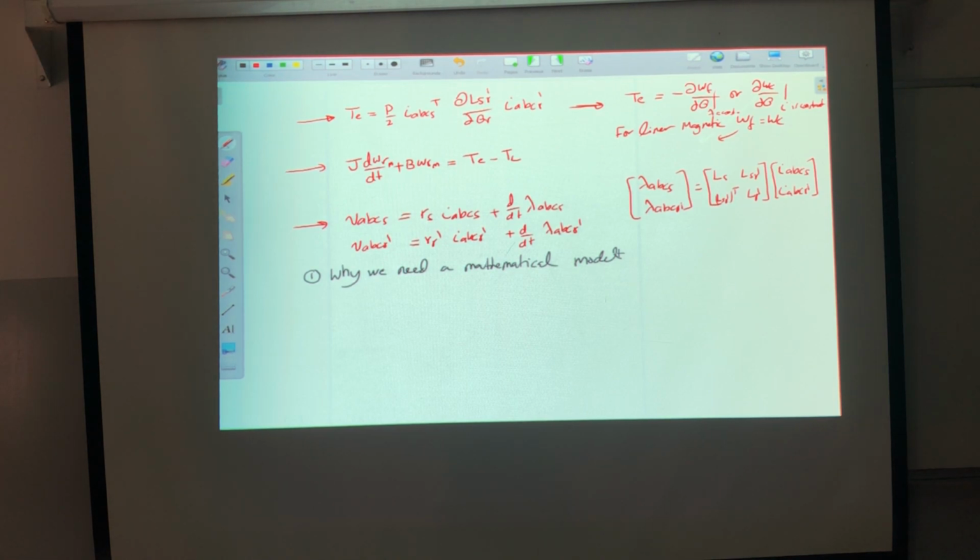So now let's see. Here, if I expand the torque, it will be around 20 to 30 terms. So it will be complicated to understand what I should modify in order to control the torque.